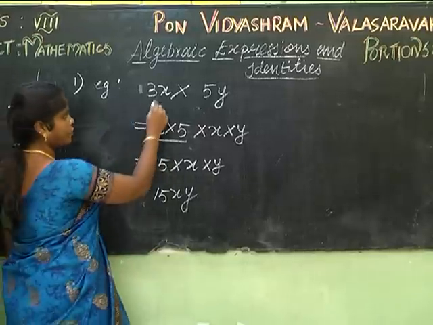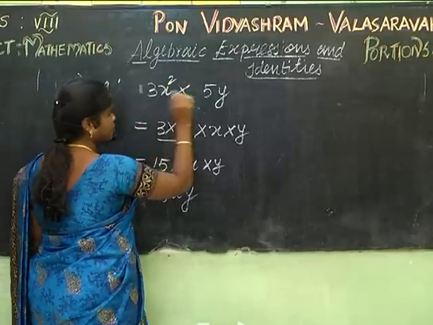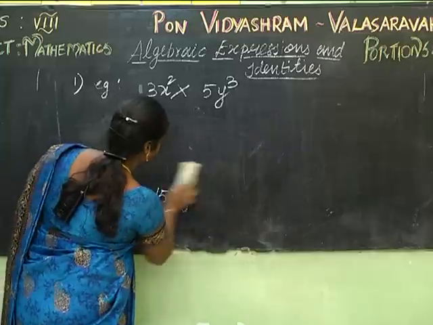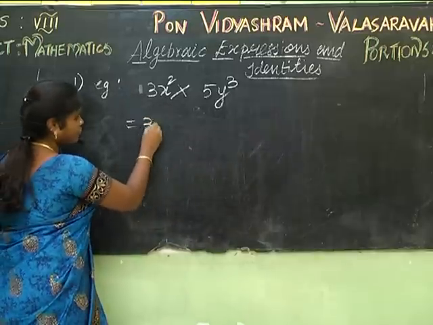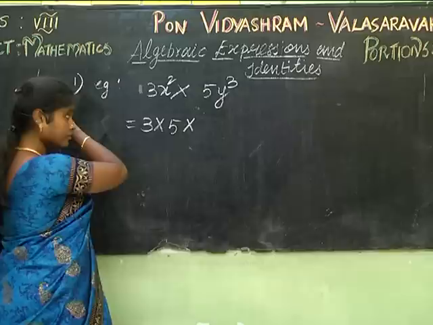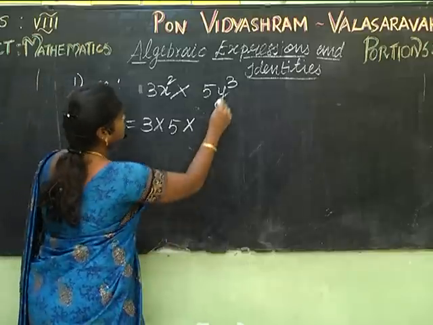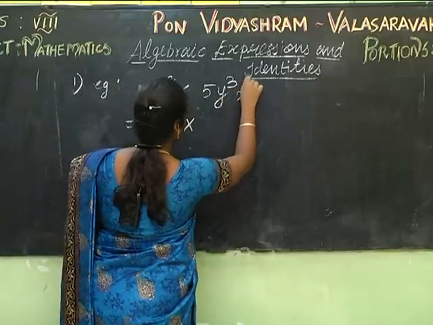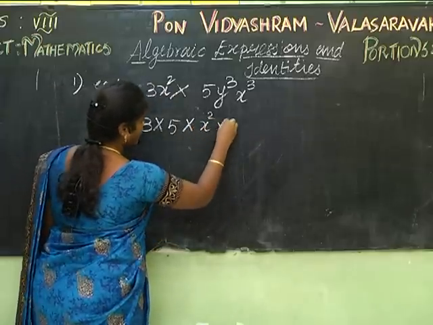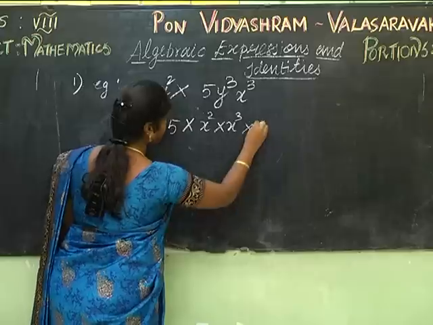Suppose you have exponents in the monomial, for example x square, y cube. How will you do the multiplication? So 3 into 5, and one more variable will be added: x square into x cube into y cube.